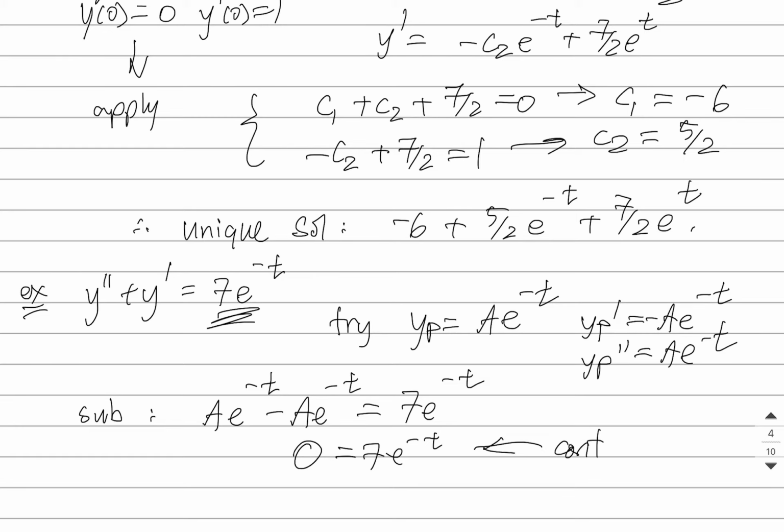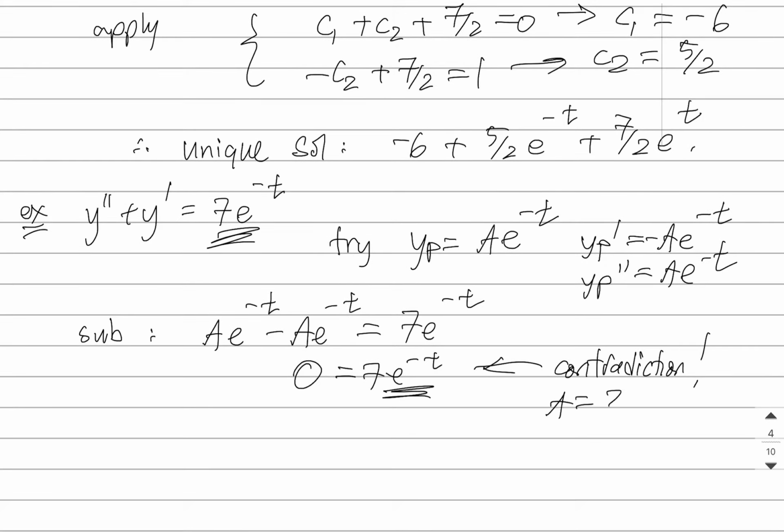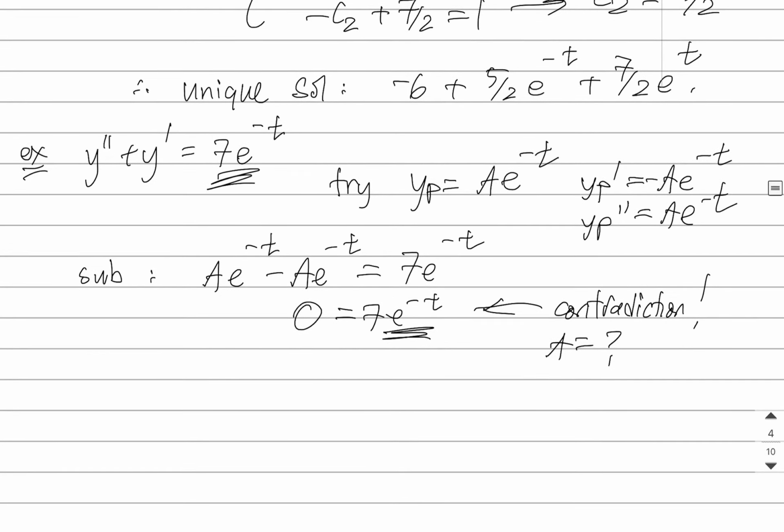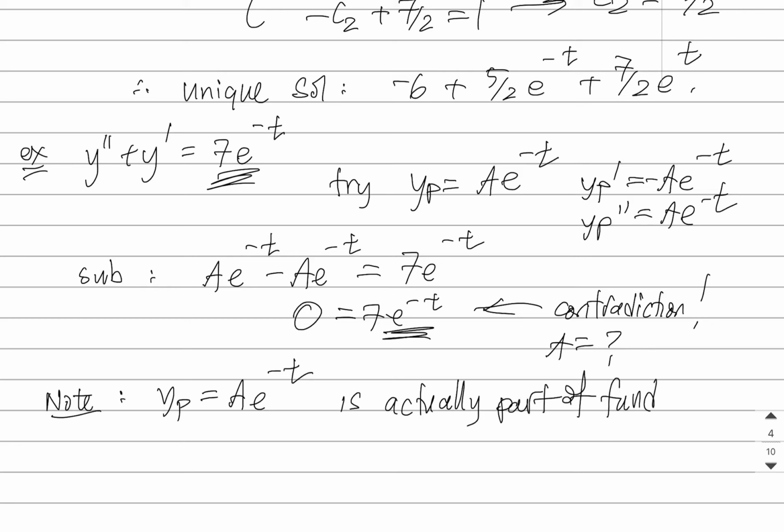This is what we call a contradiction. I have no way of figuring out what A is here. So something went wrong. The whole problem here is that this guess for the particular solution is actually part of the fundamental set for the homogeneous equation.